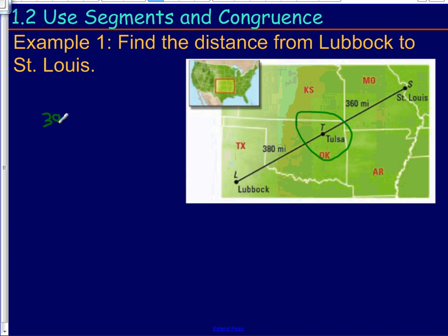which is the distance between Lubbock to Tulsa, and add it to the distance between Tulsa to St. Louis, which is 360, and I could find the entire distance.